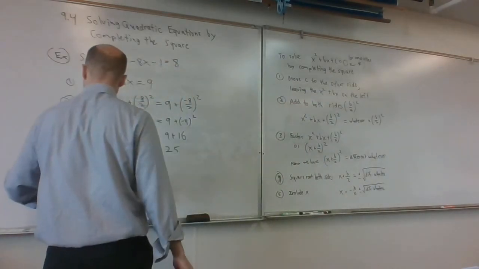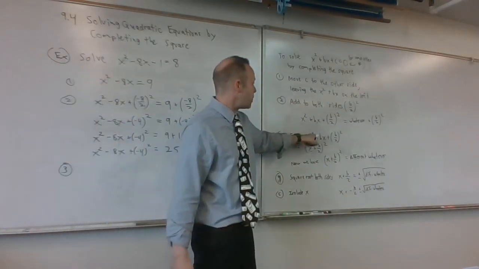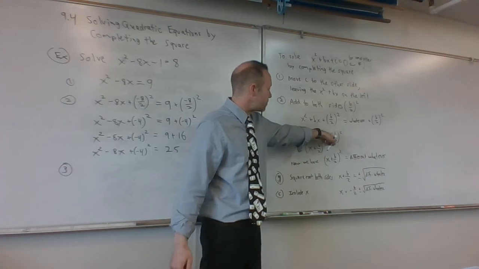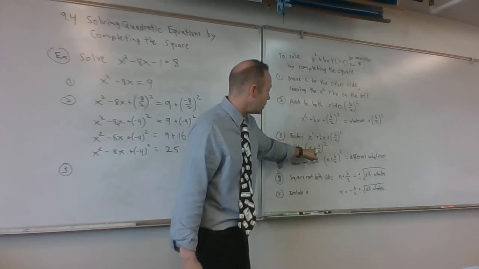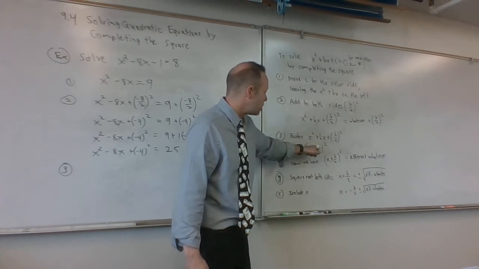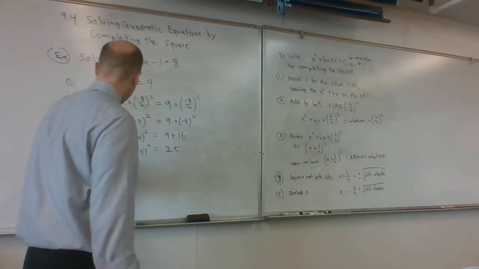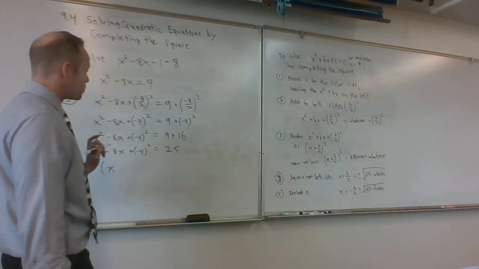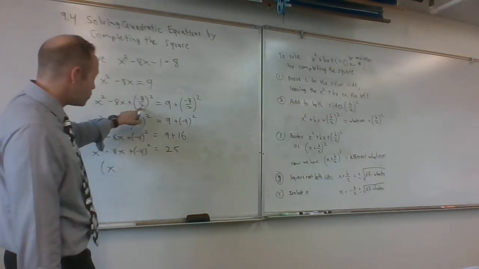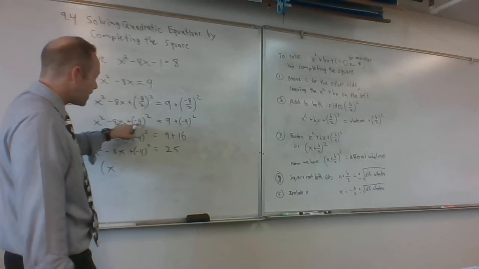So in step 3, I take my x squared plus whatever x plus this thing squared, and I rewrite it as x plus the b over 2 squared. So my left-hand side becomes x. Now it would be plus, what was this b over 2? Negative 8 over 2 was my negative 4.